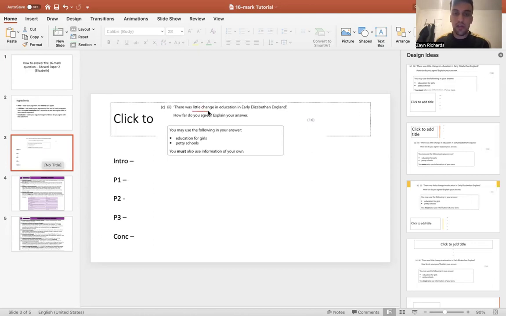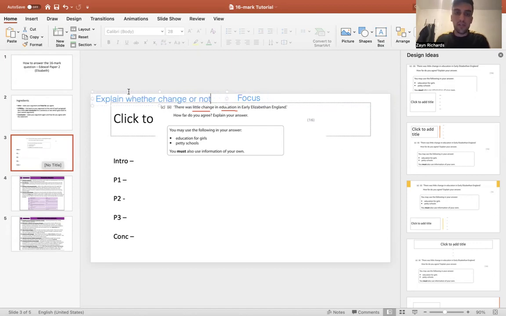So we've got little change and education. So the focus of the question is the fact that we're focused on the education system. And then in our explanation, what we need to be revisiting is thinking about little change. We need to explain whether there was change or not.